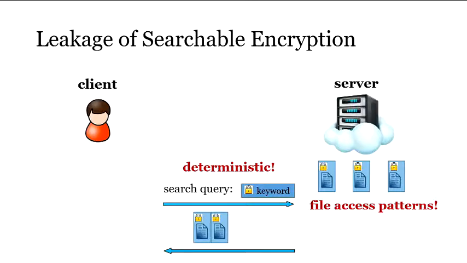And for those who are familiar with the constructions of searchable encryption, even if the metadata or the search index is hosted on the client side, this file access pattern is still leaked because the client still needs to query the server for the files.